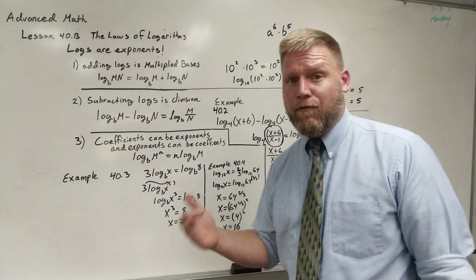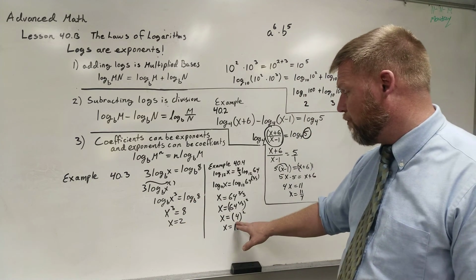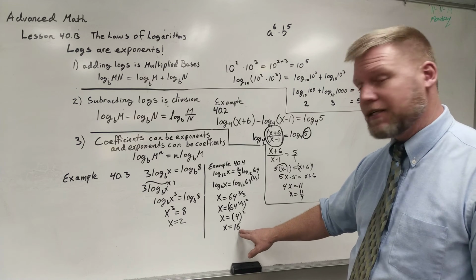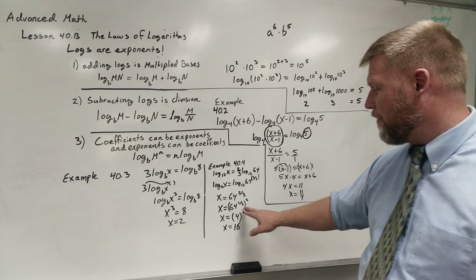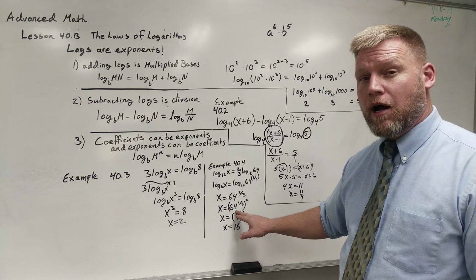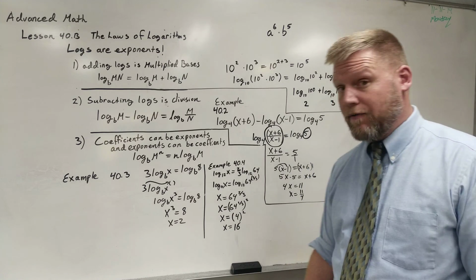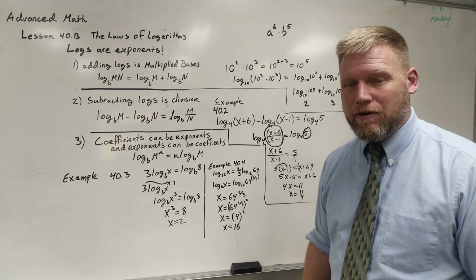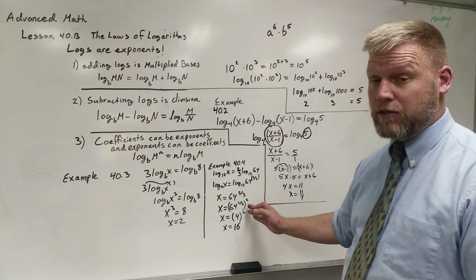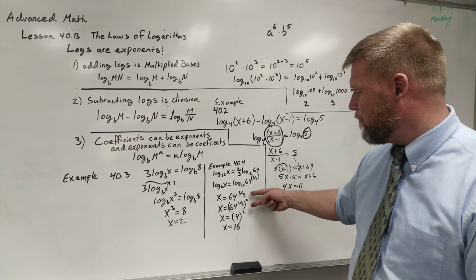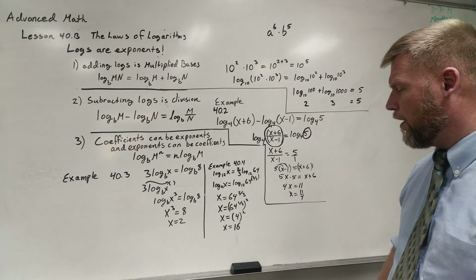What is times itself 3 times to get to 64, and that's 4. 4 squared is 16. I could have rewritten this the other way and said 64 squared, and then found the third root of whatever 64 squared is. That didn't look as exciting to me, so I went ahead and did this one because I could do this one in my head. But if you need to break this up to figure that out, that's fine.